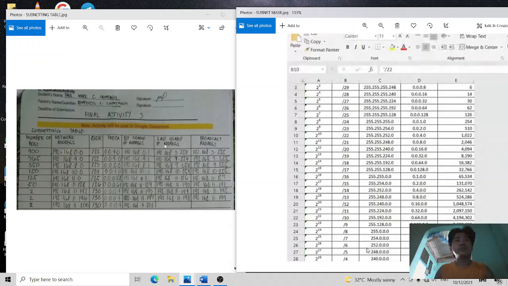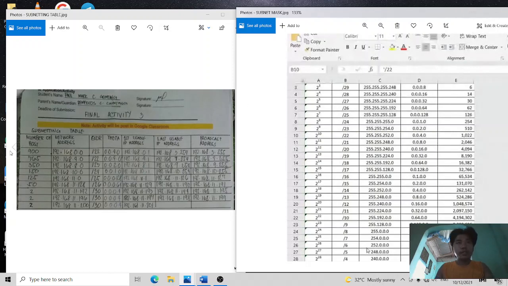The last usable. This is the broadcast address. The broadcast address is the network address minus 1.